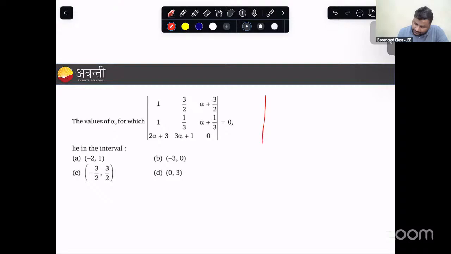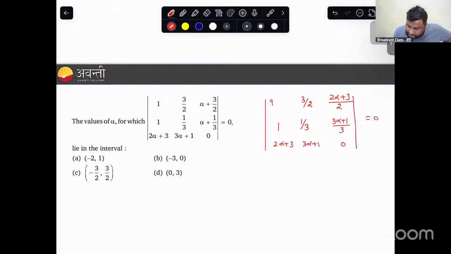See, this is 1. This is 3 by 2. This is 2 alpha plus 3 upon 2. 1, 1 by 3, 3 alpha plus 1 upon 3. 2 alpha plus 3, 3 alpha plus 1, 0. This is 0.